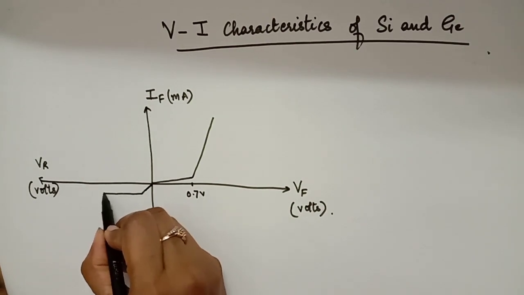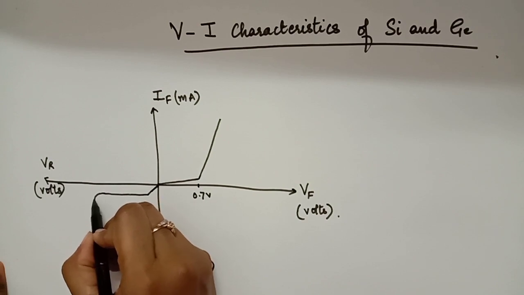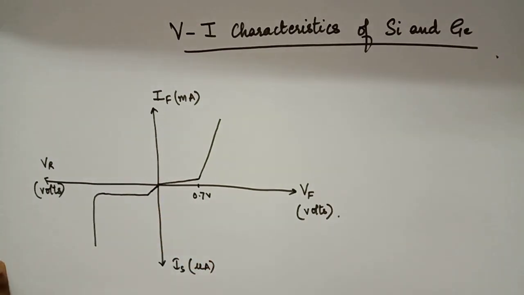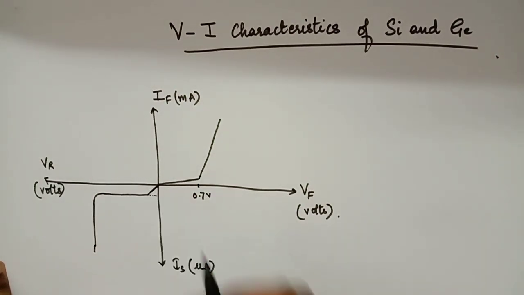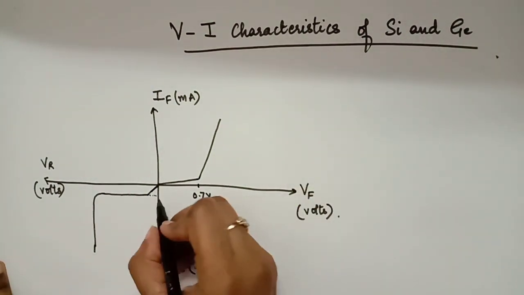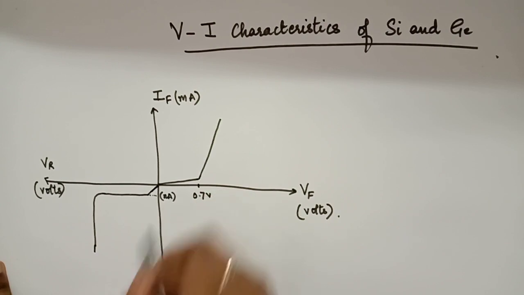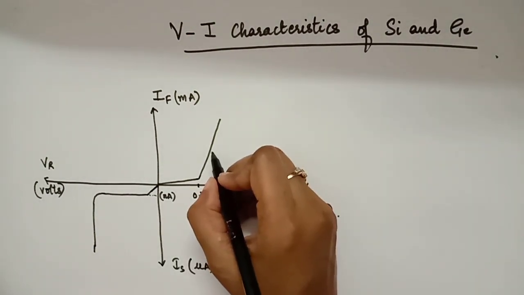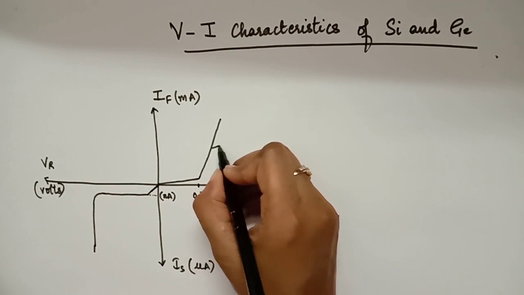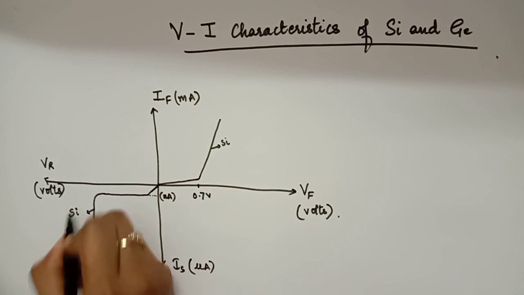It will become constant with the applied voltage, and then at a certain value of breakdown voltage, it will rise rapidly. So this is for silicon. For silicon, the reverse saturation current was in the order of nanoamperes. That was less. So let us draw it over here and mark it for silicon. This graph is for silicon.